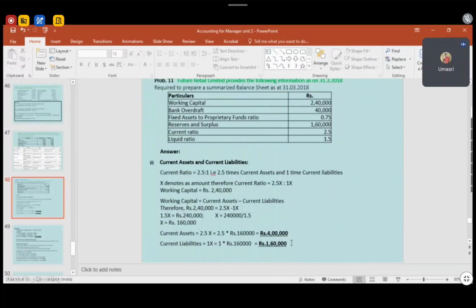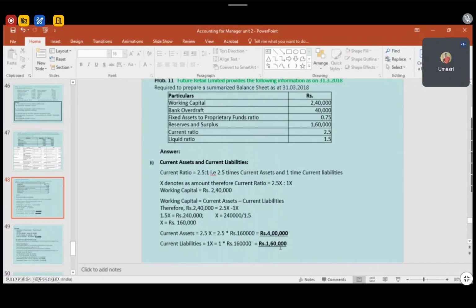Current asset is 4 lakhs, current liability is 1,60,000. There is another clue also given, the liquid ratio. Liquid ratio here is 1.5 times. So let us assume liquid asset divided by current liability, right? The difference between current ratio and liquid ratio is the stock.